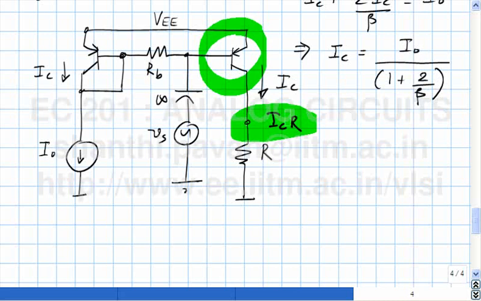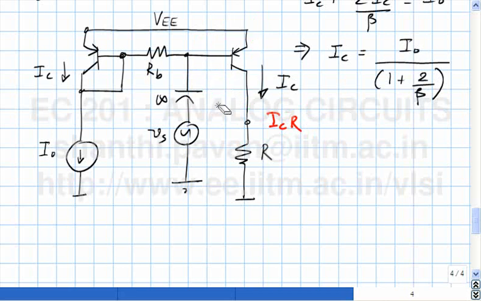As it goes on increasing, eventually the transistor will get into the saturation region, and so the question is, how much can I increase R before the transistor goes into the saturation region? Very simple, IC times R must be equal to VEE minus 0.65 volts. Just like in the NPN case, the nominal emitter base voltage is taken to be about 0.65 volts.